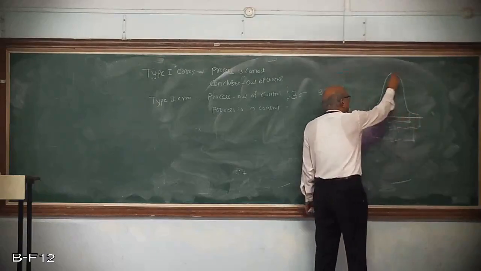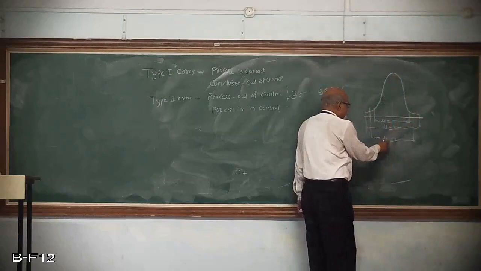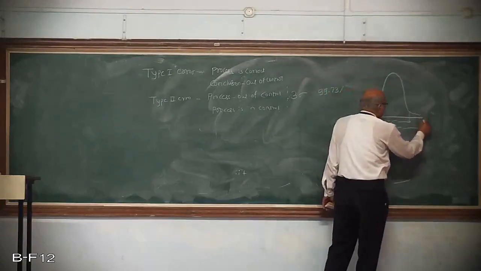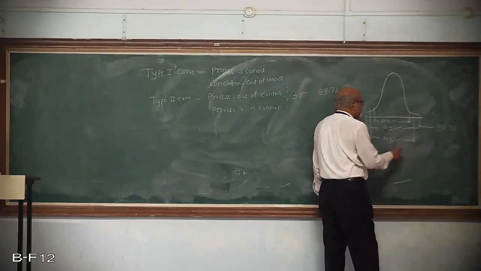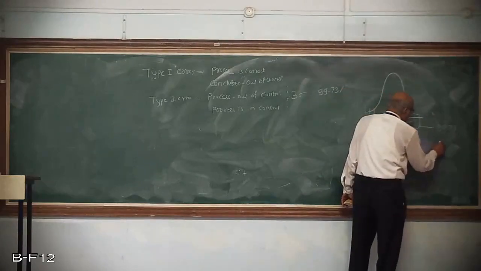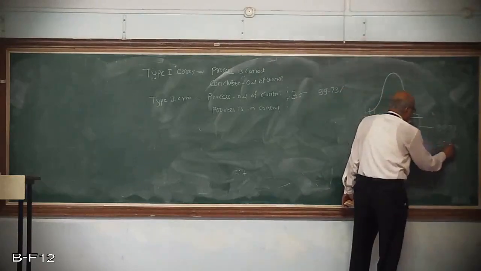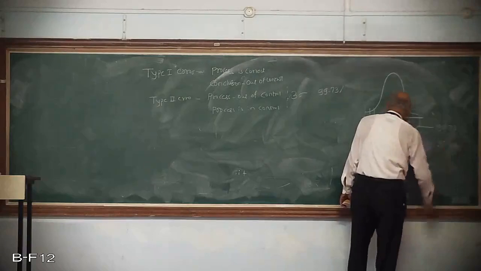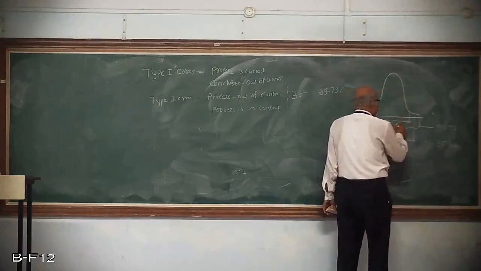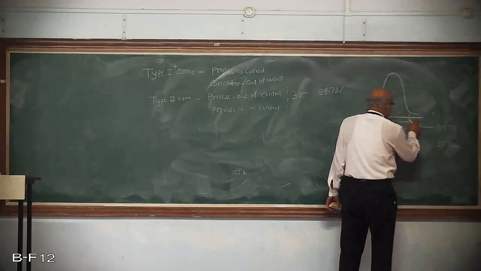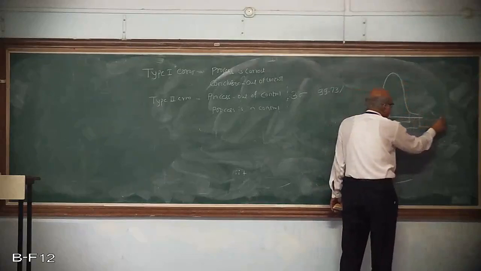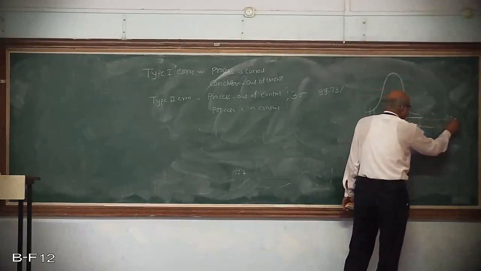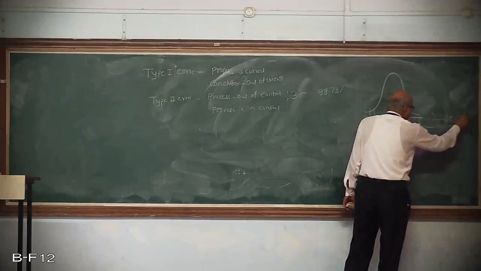What is the area we know? Between the 3 sigma limit, it works out to be 99.73%. Whereas between plus or minus 2 sigma limit, it will be something around 95.45%. And mu plus or minus 1 sigma, the area in the normal curve between those ranges is going to be something around 68.26%.